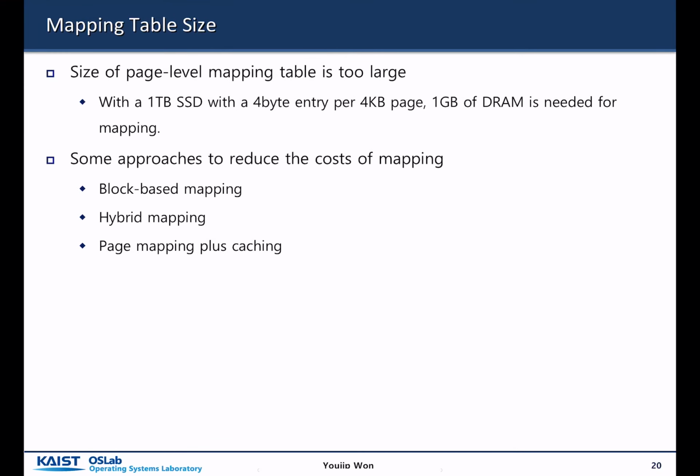The size of the page level mapping table is too large. It takes 1/1000th of the SSD size. For example, with a 1 terabyte SSD with a 4 byte entry for each 4 kilobyte page, you will require 1 gigabyte of DRAM for mapping.